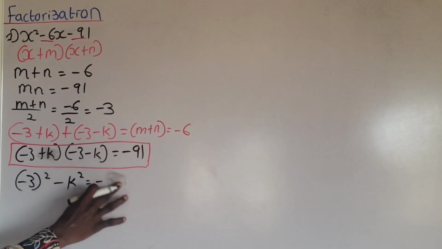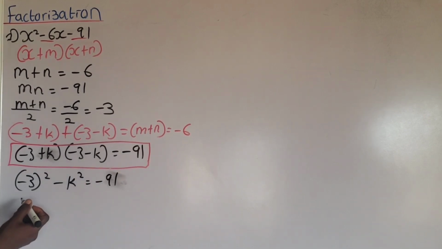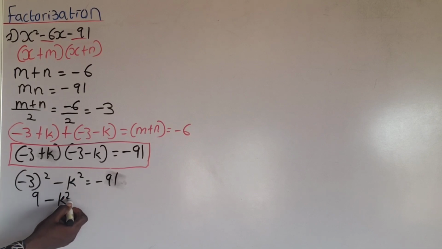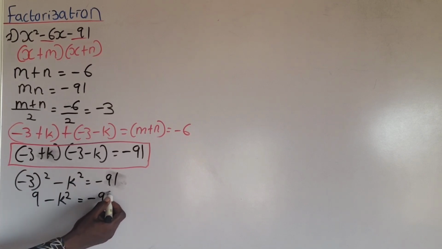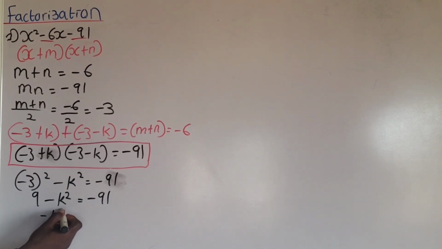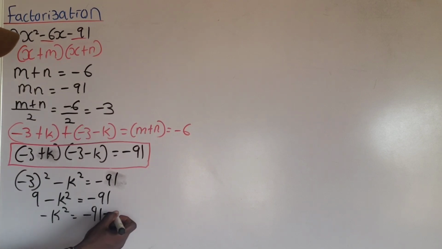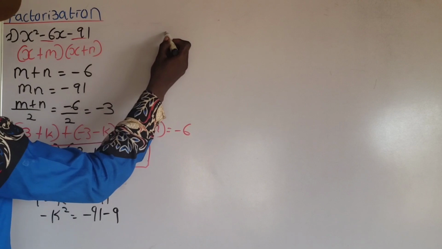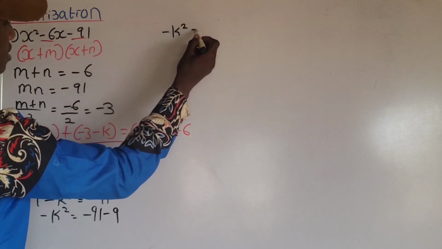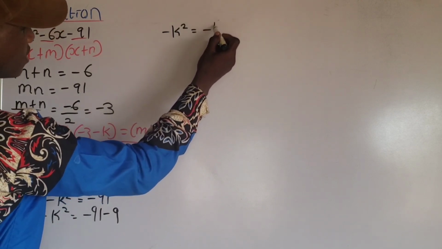Okay, so negative 3 squared is 9. So I'm going to have 9 minus k squared is equal to negative 91. Now, if you take this 9 to the right hand side of the equation, it's going to turn negative. So I'm going to have negative 9. So here, negative k squared is equal to negative 100.